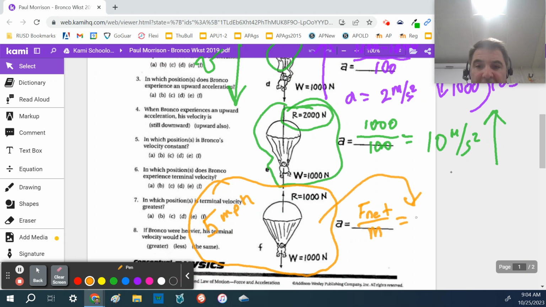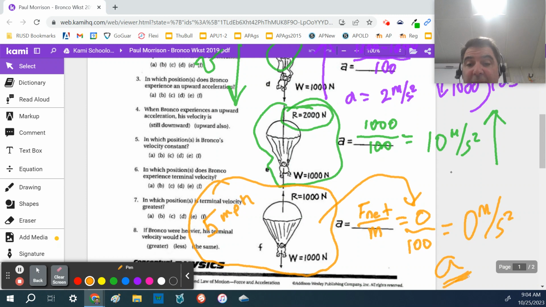The net force here is 0. And the mass of the dude is still 100, but it doesn't really matter because 0 over 100 is 0. So he has 0 meters per second squared. Once again, that's his acceleration. This is the A. It doesn't mean he stopped moving. It just means that now he's going about 5 miles per hour. That's called terminal velocity.